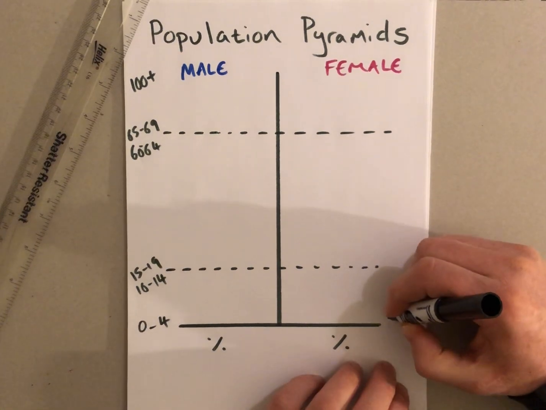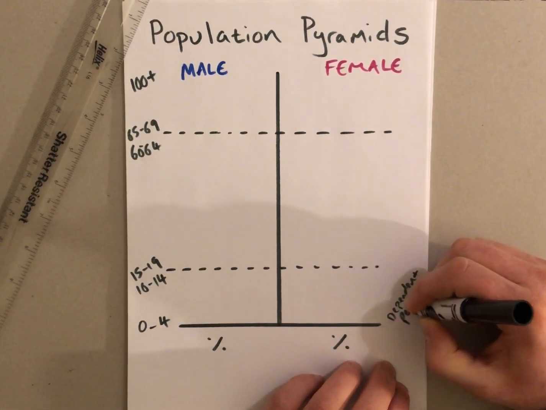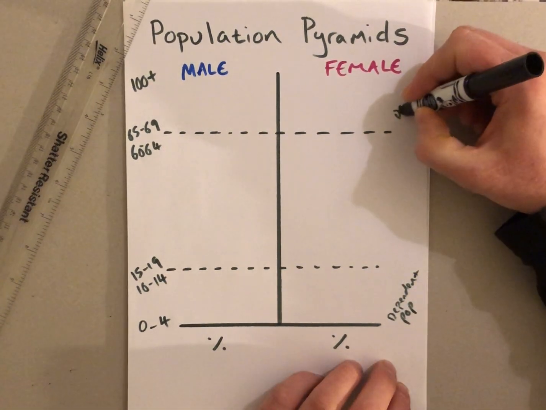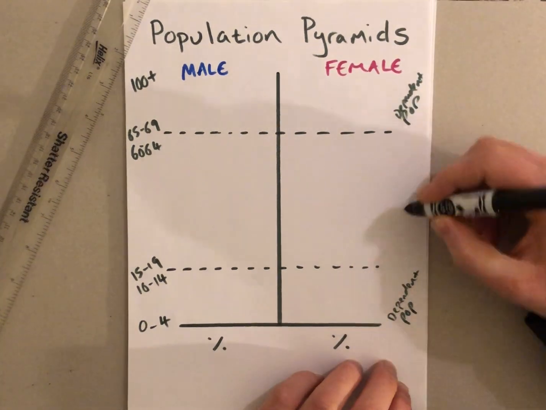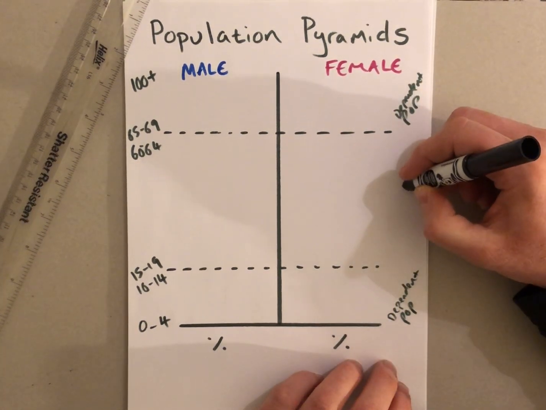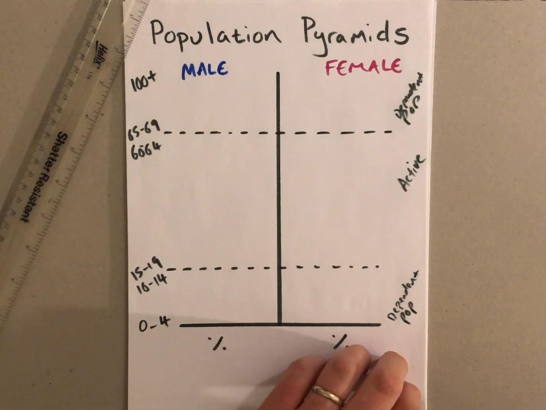These are what are called our dependent population. And in the middle, we have our active population.